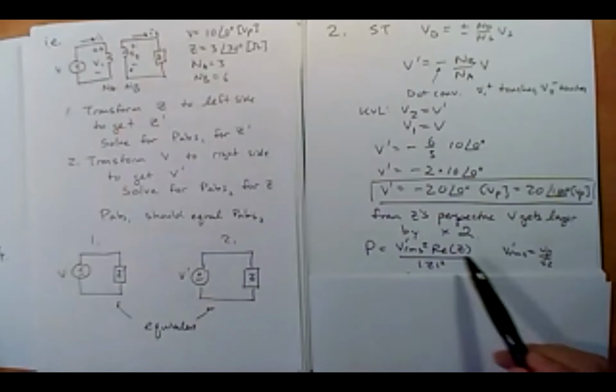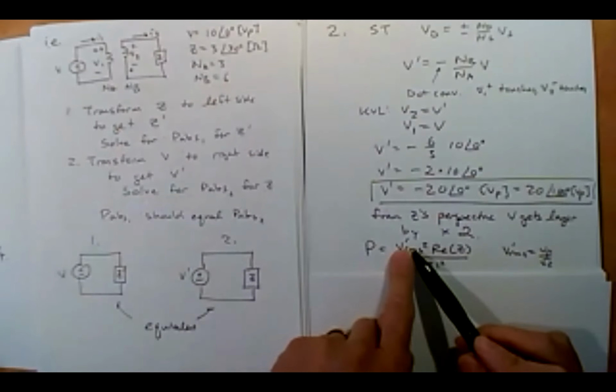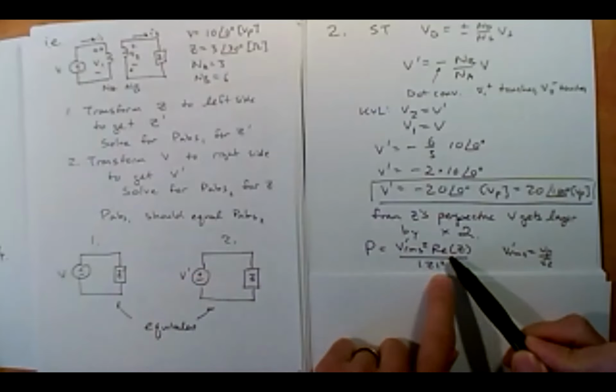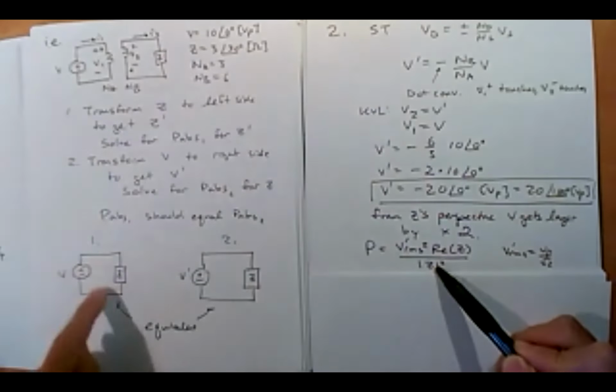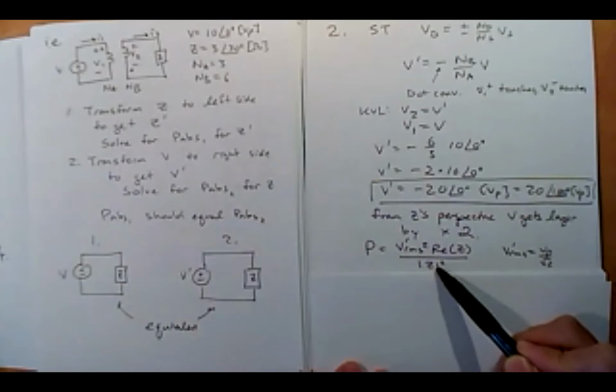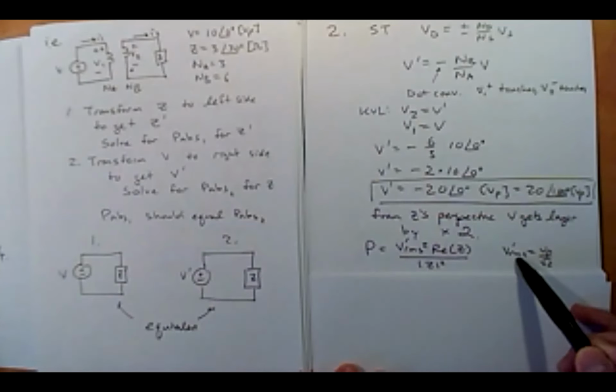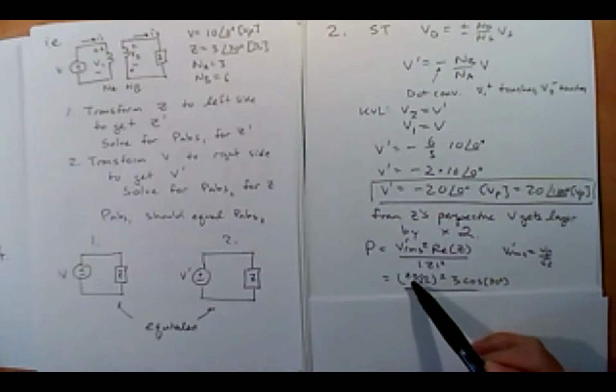So if I want to calculate the power again, I can now use V prime squared, the new V prime over here, times the real part of Z, not Z prime, because we're analyzing this side, over the magnitude of Z squared. Again, RMS is peak over root 2, so it's 20 over root 2 in this case.